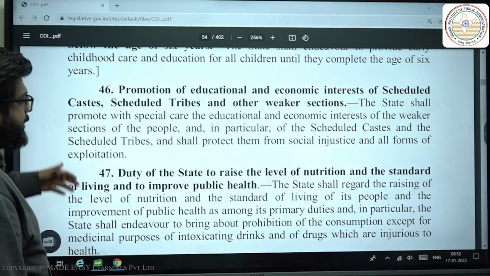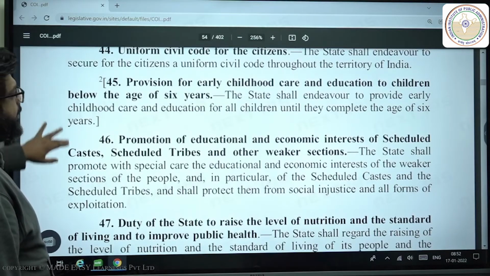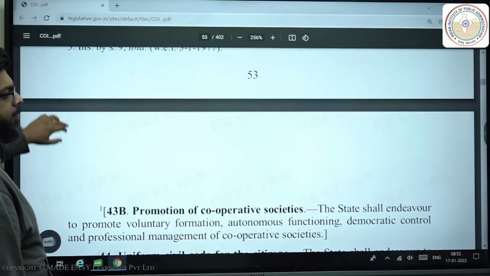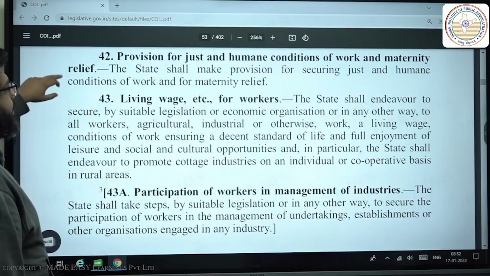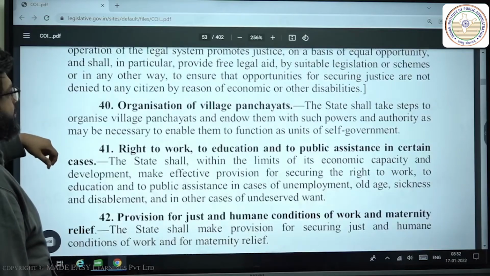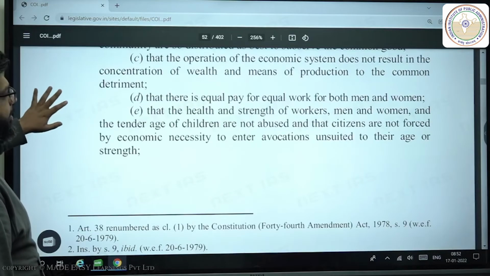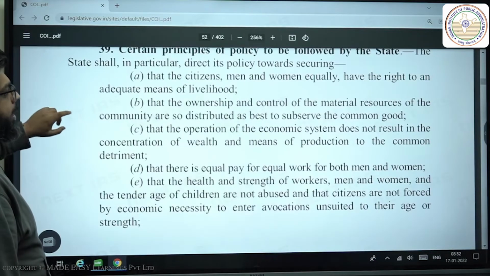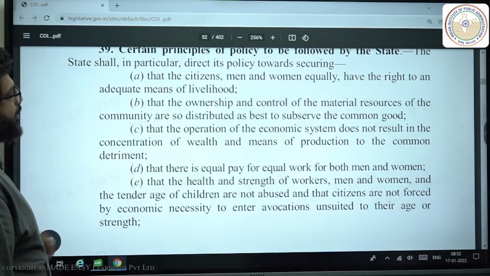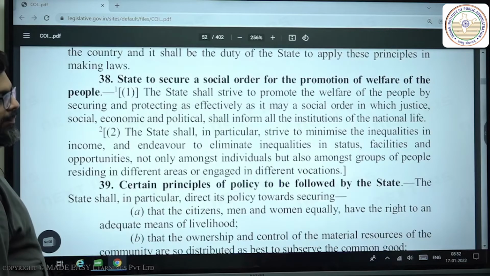If you see, that's exactly what your directive principles are about. They want to make the country better. You want to improve the standards of education. I get all of those things. Great, fantastic. Please do so. But not at the cost of fundamental rights.